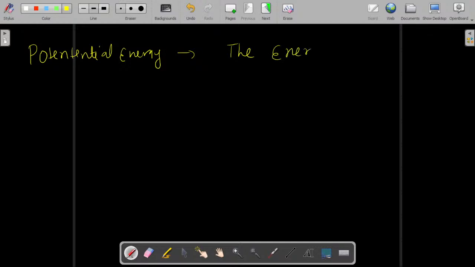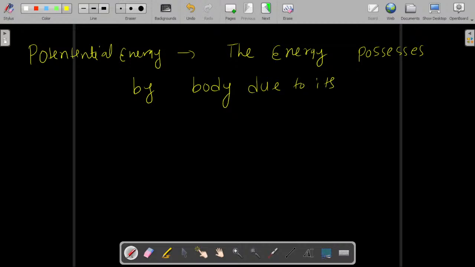The energy possessed by a body due to its position or configuration.